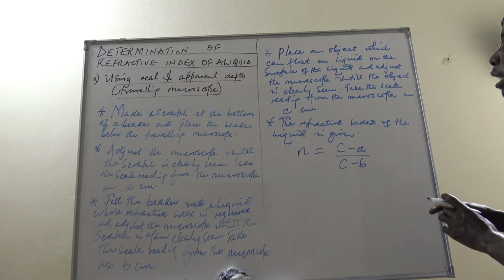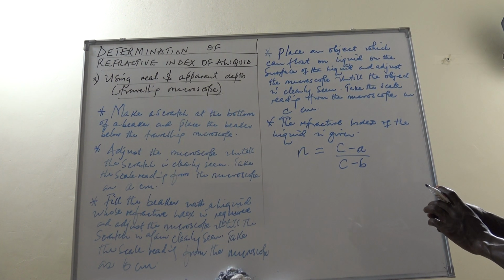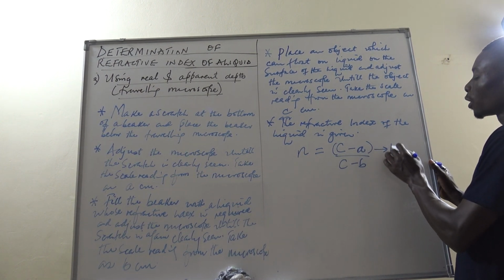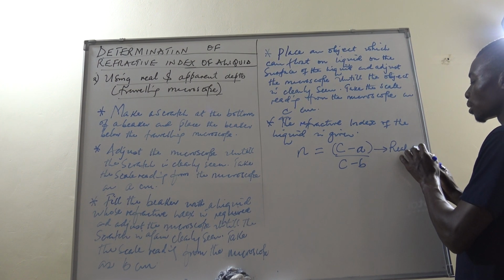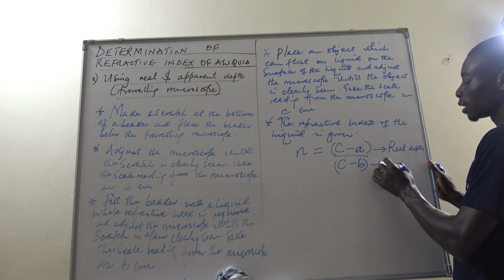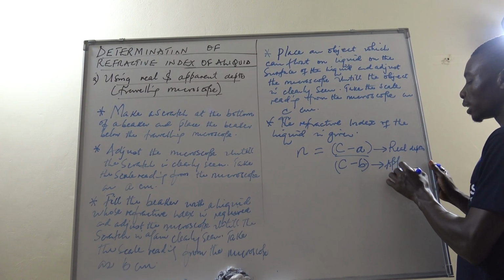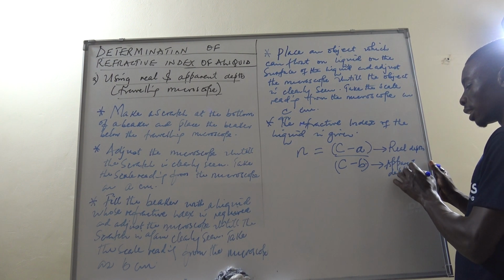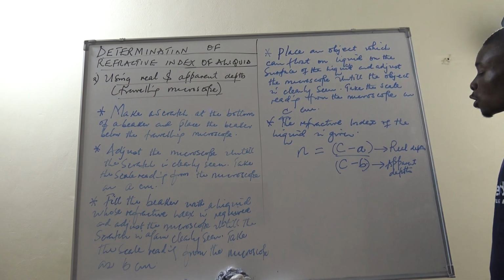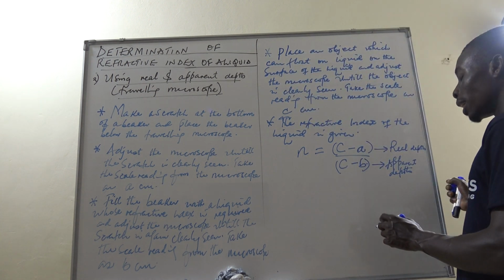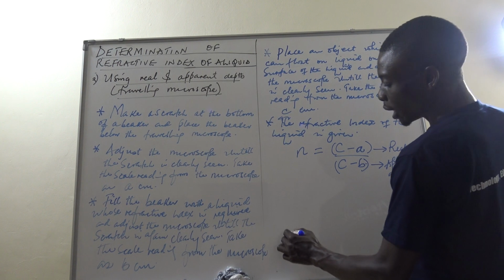That is how you can calculate the refractive index of the liquid. Please, this one here is standing for real depth. And this one here is standing for apparent depth.